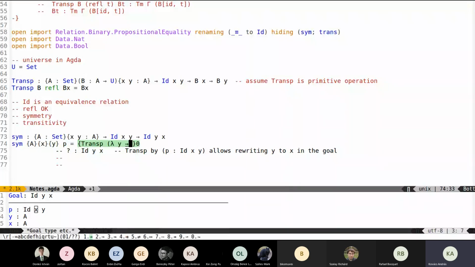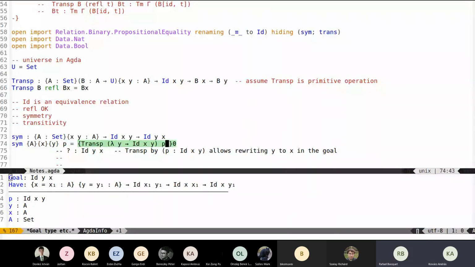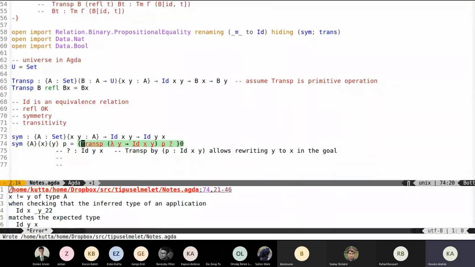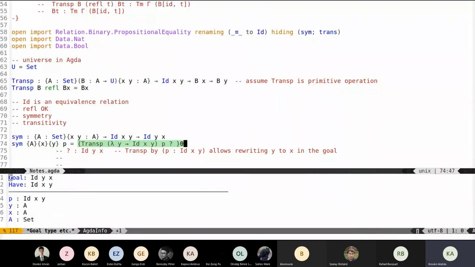So here, if I write id x y p, then indeed... did I screw up again? So p is... yes, because the goal is y x. Sorry.